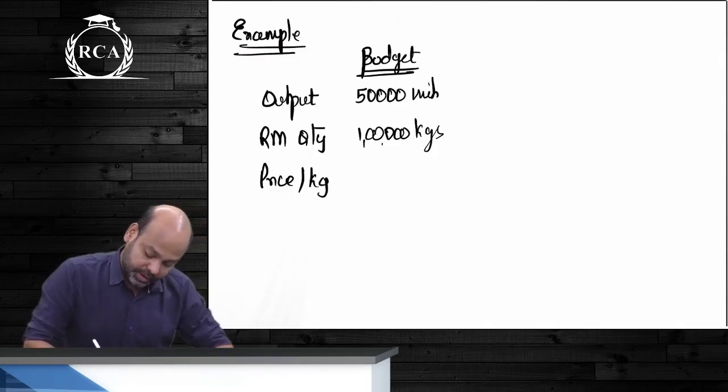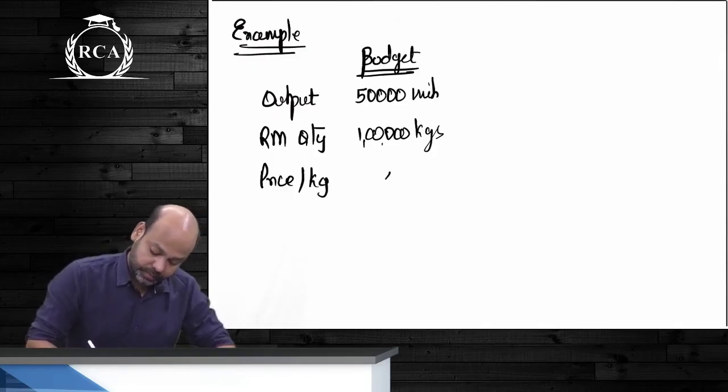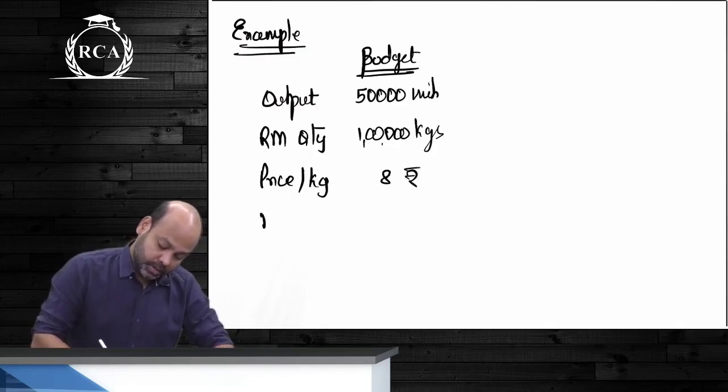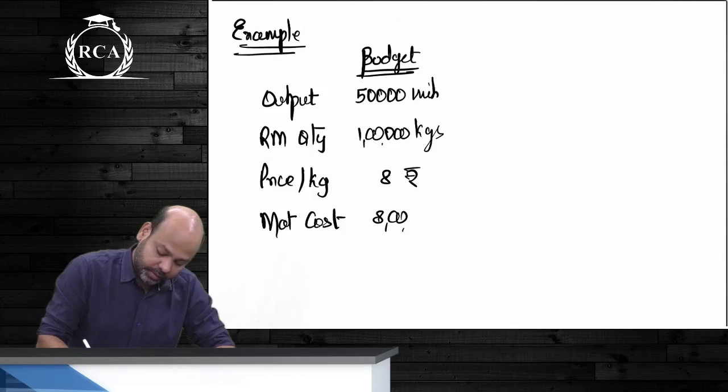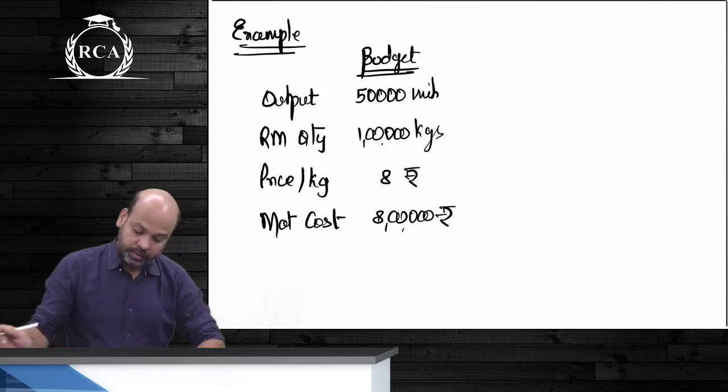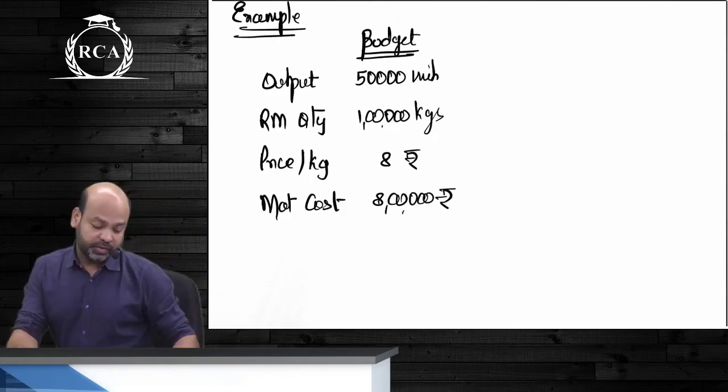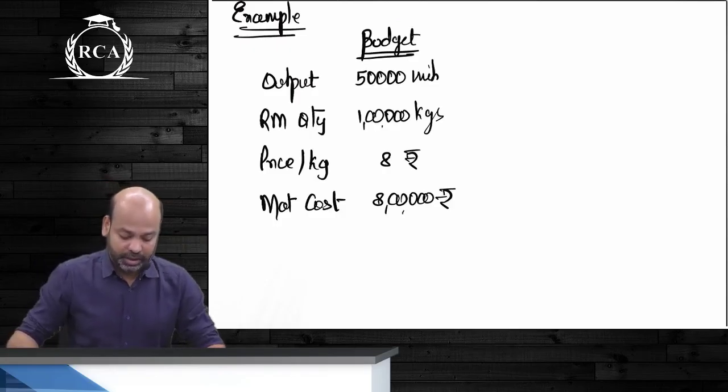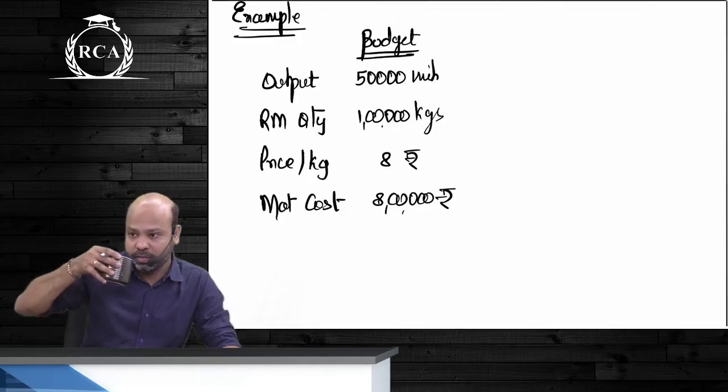Price per kg is 8 rupees. The total material cost was supposed to be 8 lakh rupees. As per the budget: output is 50,000 units, raw material quantity 1 lakh kgs, price per kg is 8 rupees, and the material cost is 8 lakh rupees.